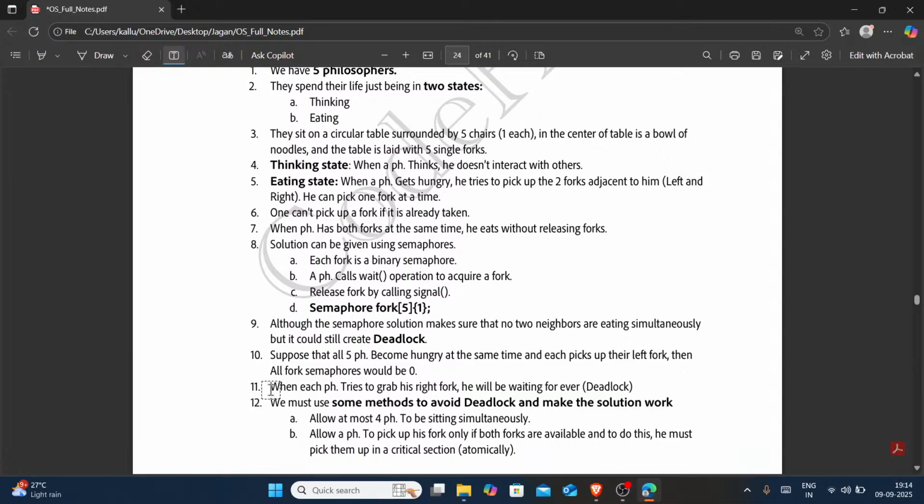The solution can be given using semaphores. Each fork is a binary semaphore. The philosopher calls the wait operation to acquire a fork, and releases a fork by calling signal.